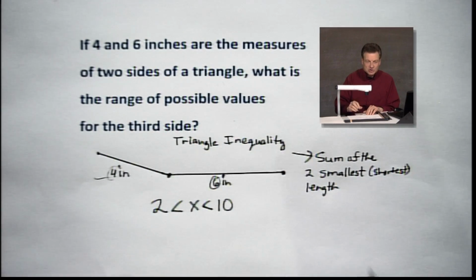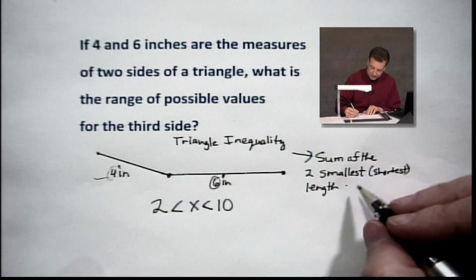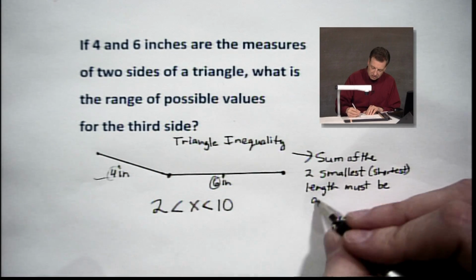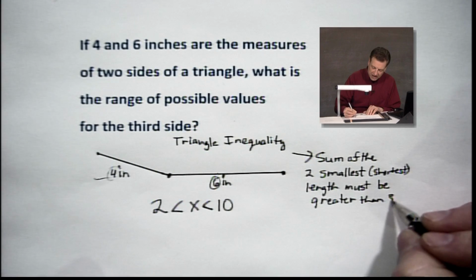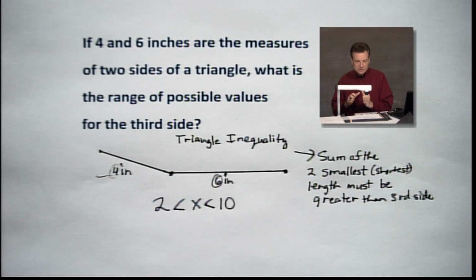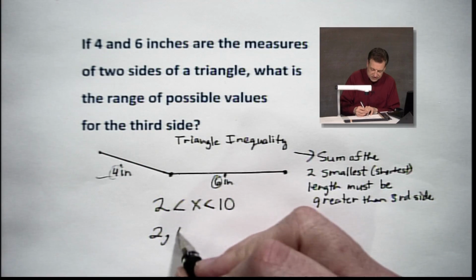We add the sum of the 2 smallest, they must be greater than the third side. And that's when you have your 2 smallest. So in this case, we've got a possibility we could go almost to 2, 4, and 6.